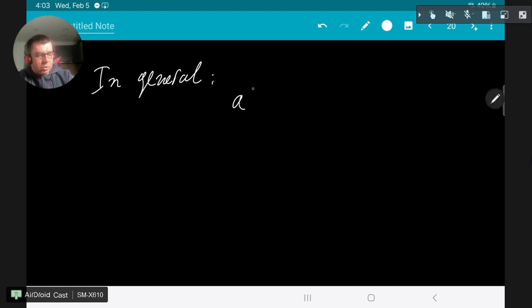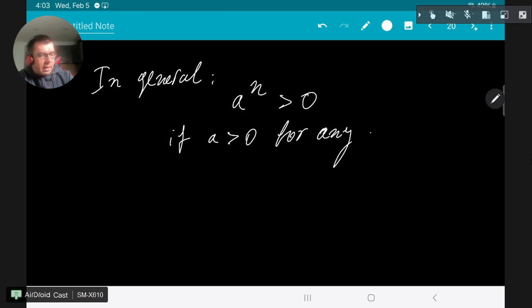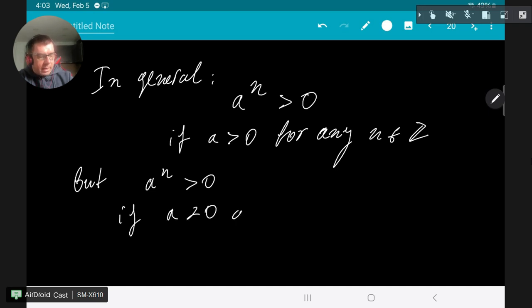So a to the power of n is going to be positive if a is positive for any n that belongs to the set of integers, but a to the power of n is going to be positive if a is negative and n is even.